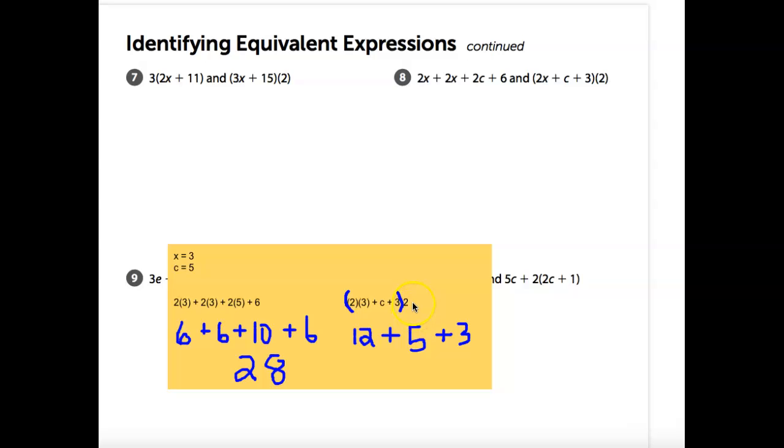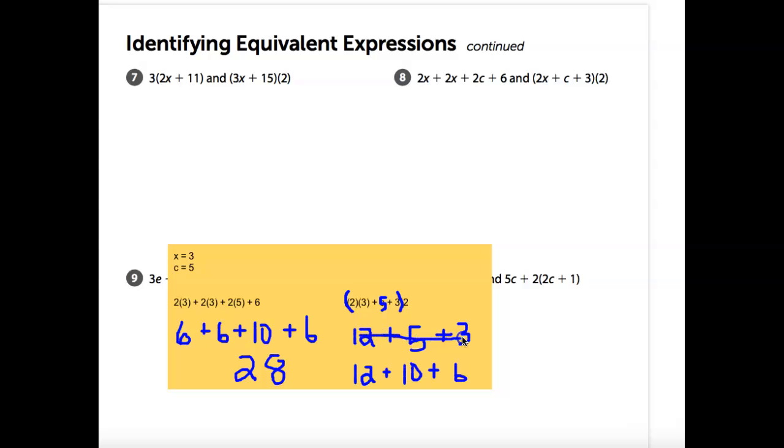I forgot to distribute. 2 times 3 is 6. 6 times 2 is 12. That one I did right. Okay, now this, I didn't put the 5 in here, and I needed to. So now it's plus 2 times 5, which is 10, and then plus 2 times 3, which is 6.